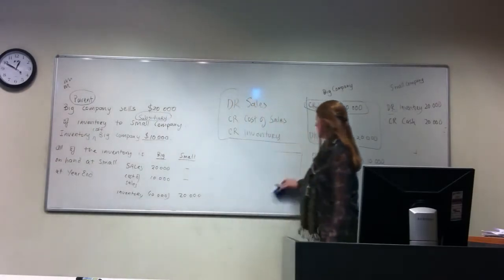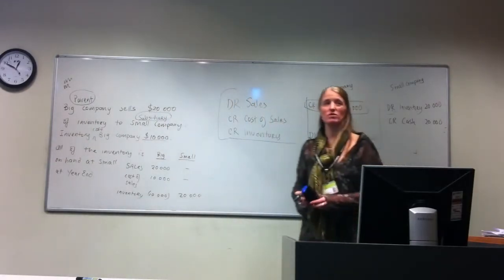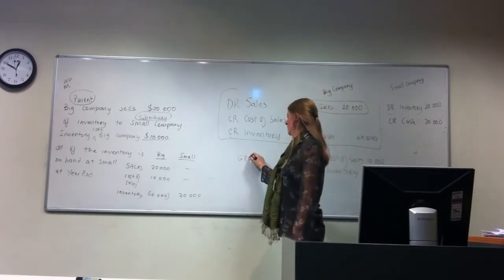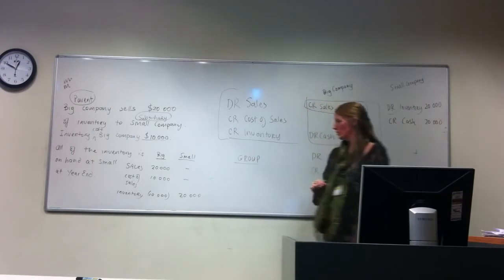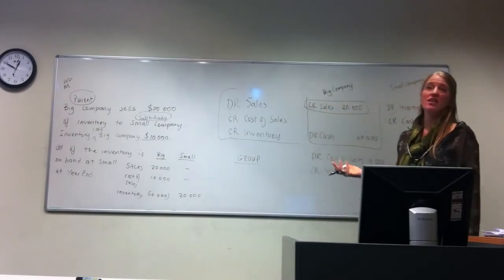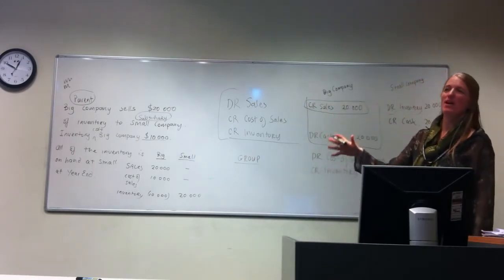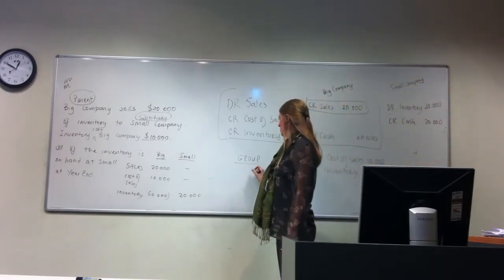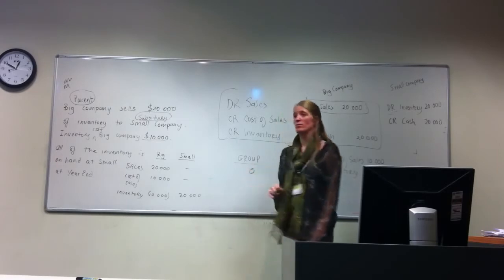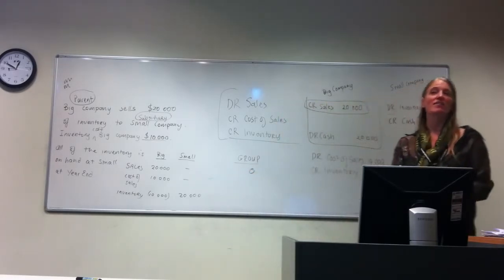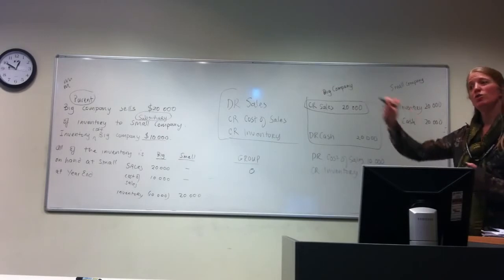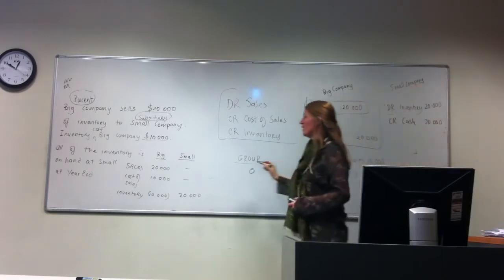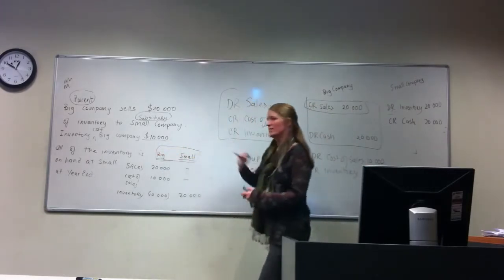So what I want to do is say, okay, what should be in the books of the group? What should our sale figure be in the books of the group? Obviously, if the sale has taken place between parent and subsidiary company, then the group sales figure should be 0, because there has been no sale that's taken place to a company outside of the group. Remember, the group is made up of these two companies.